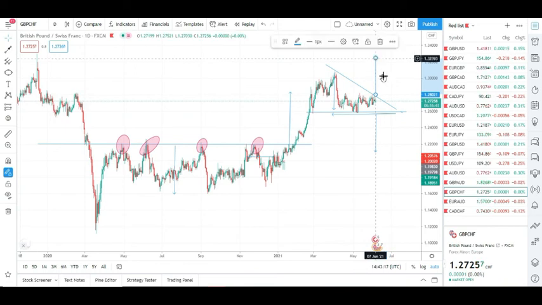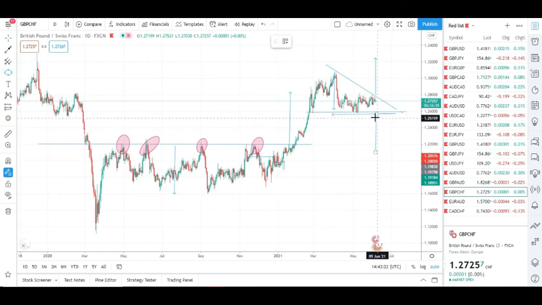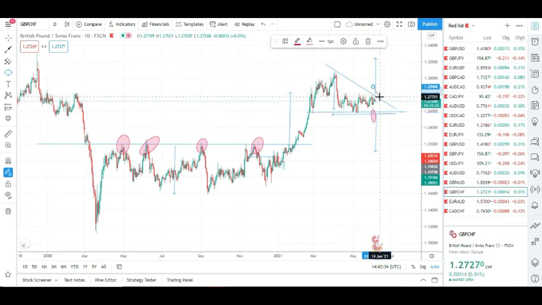I'm illustrating. What I'm saying is place two entry points this side, because we are anticipating that there is a bigger move that will happen, an explosive one. Then place another one this side, just above, right?